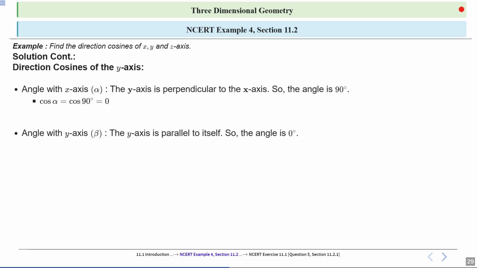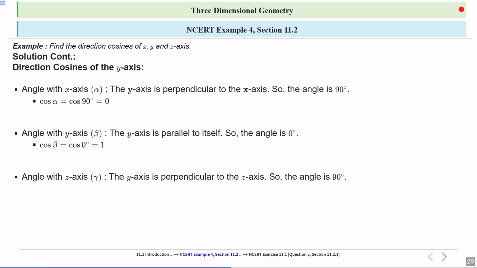Next, let's look at the angle between the y-axis and itself. Since the axis is parallel to itself, the angle beta is 0 degree. So we need to find now cos beta. So cos beta equals cos 0 degree, which is 1.